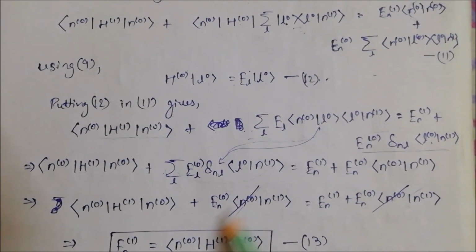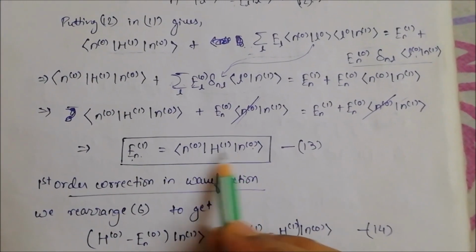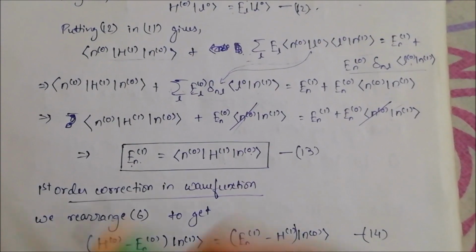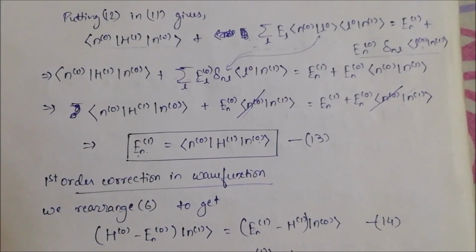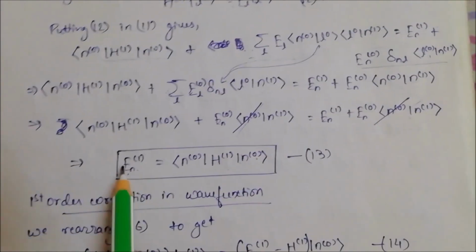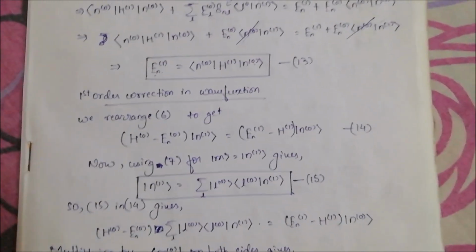So both sides we can cancel them, giving the first order correction in energy as the expectation value of the perturbation on the undisturbed basis. So this is the first order correction in energy to the perturbed Hamiltonian.